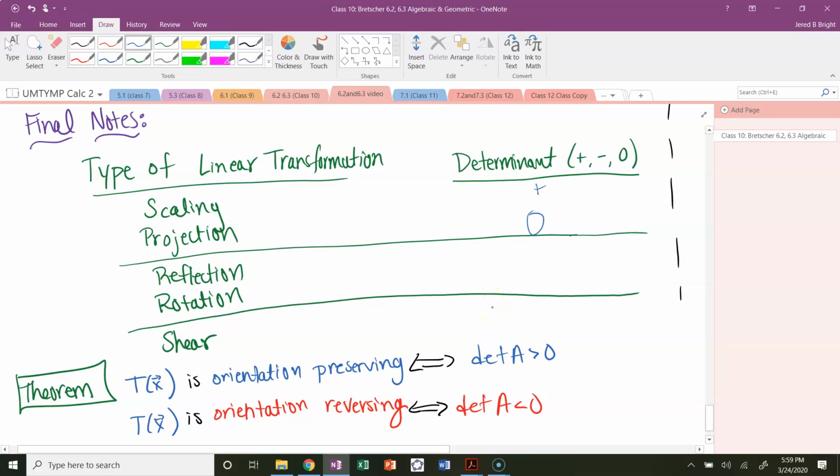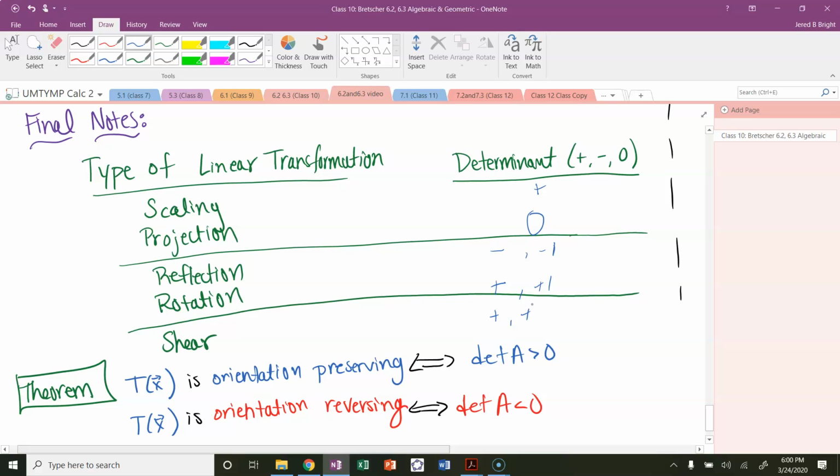If we're reflecting, it could be negative, and in fact, for our standard reflection matrix, I believe the determinant's going to be -1. A rotation is going to be positive, and generally it's going to be +1 for the determinant, and a shear is going to be positive as well.